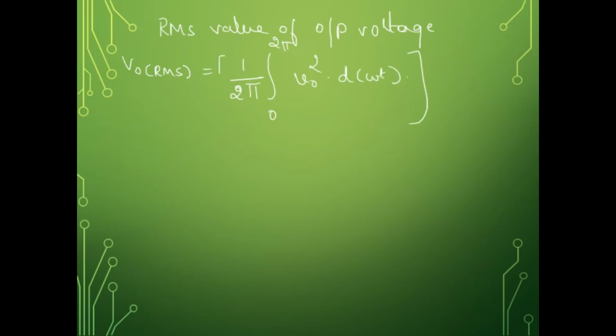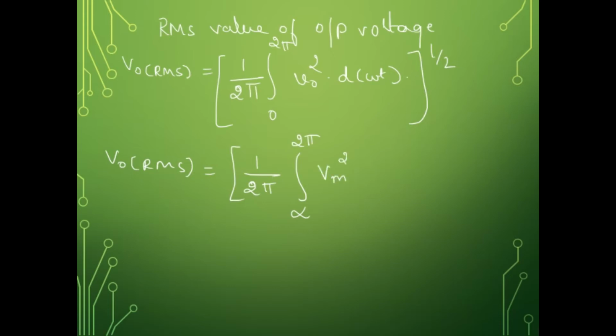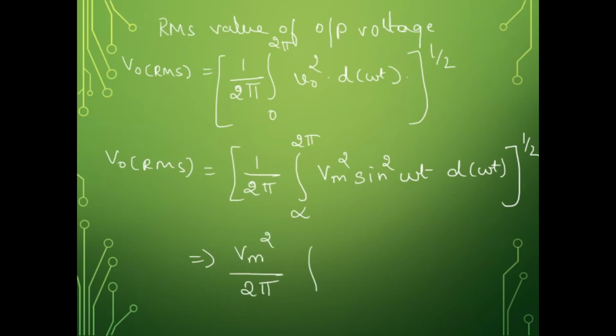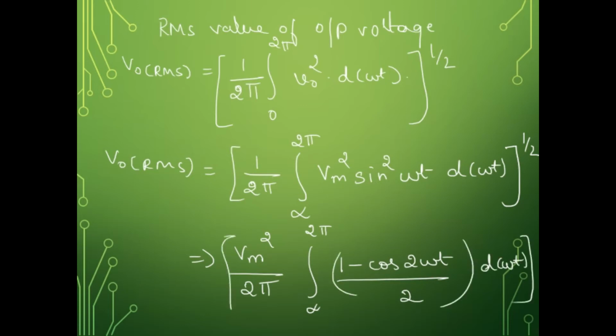Now the output is the same as the input from the firing angle, that is the square root of 1 by 2 pi integral alpha to 2 pi Vm square sin square omega t d omega t, or you can write it as Vm square by 2 pi integral alpha to 2 pi of sin square omega t, which is (1 minus cos 2 omega t) by 2, d omega t, this whole thing within the root.